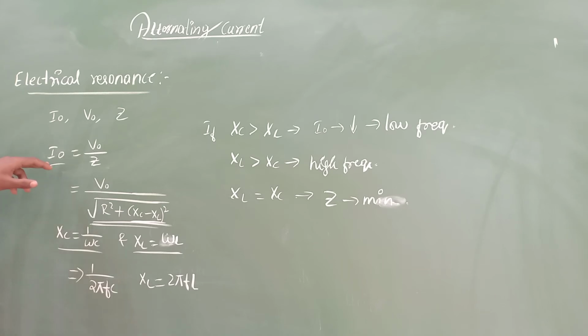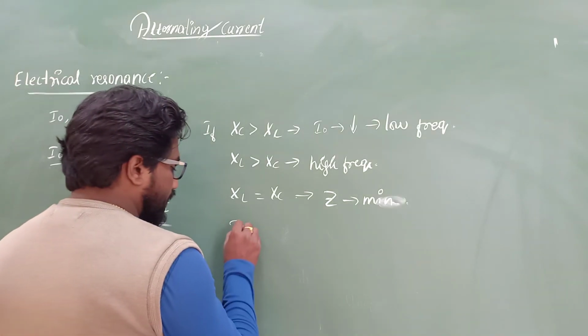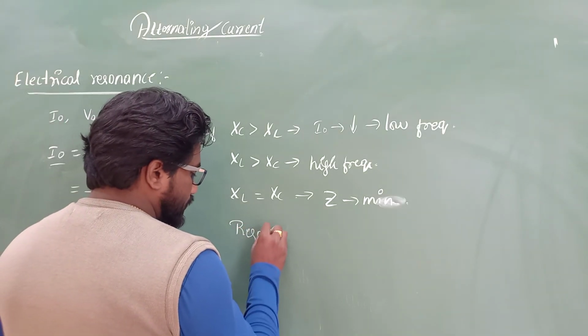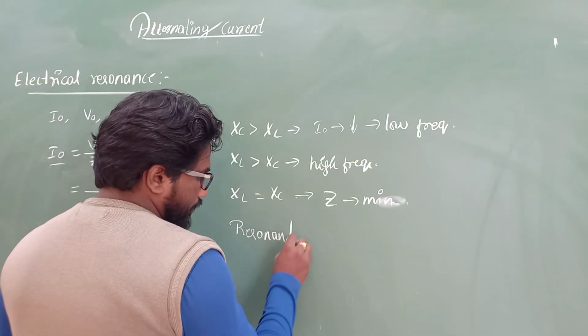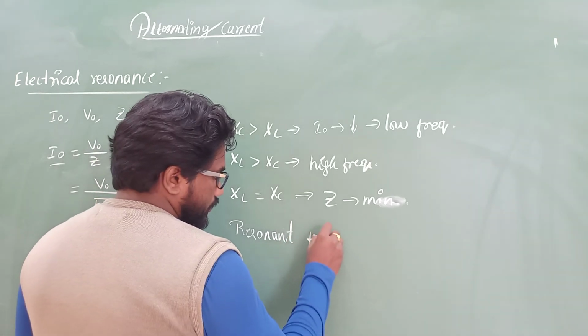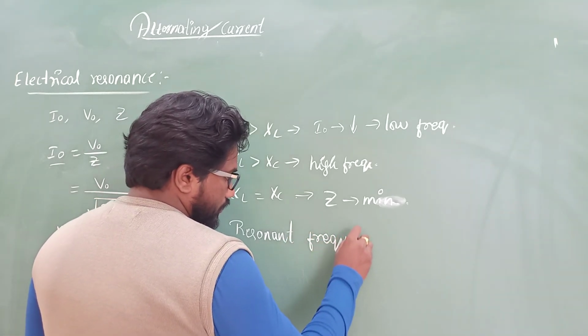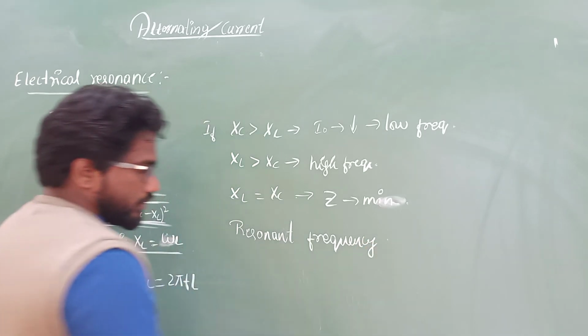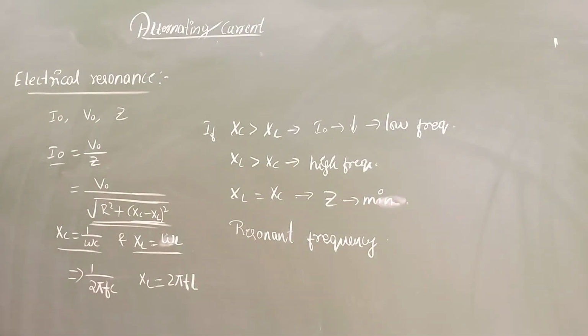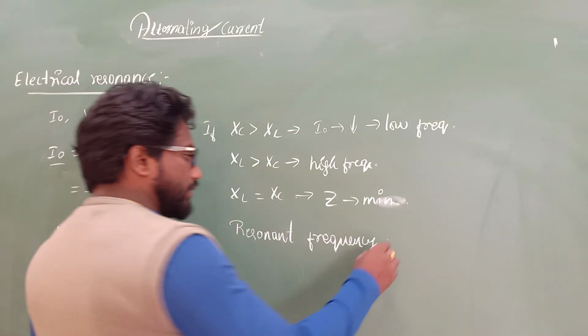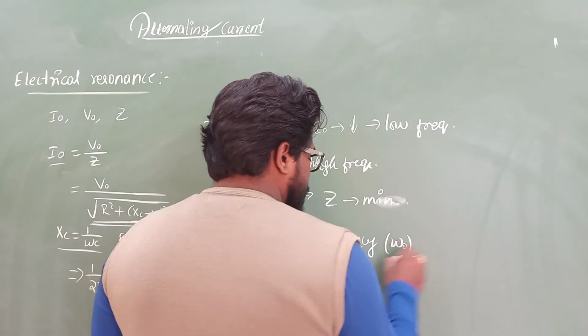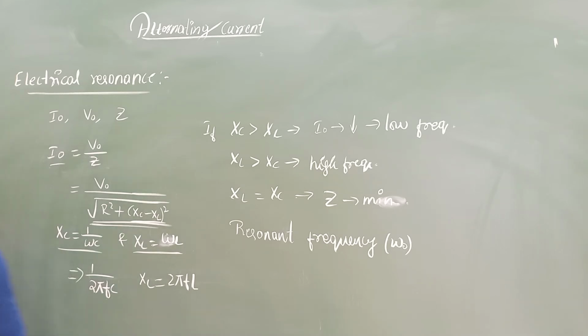So this particular frequency is called resonant frequency. This particular value of frequency is called resonant frequency, and it is represented by omega naught.